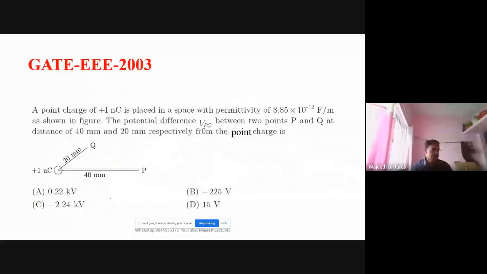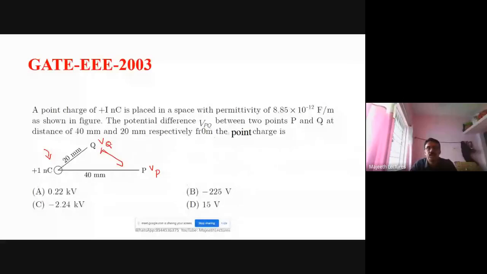Right. Next question is, a point charge of 1 nanocoulomb is placed in a space with permittivity 8.85 into 10 power minus 12 farad per meter, as shown in the figure. The potential at this point is VP, the potential at this point is VQ.